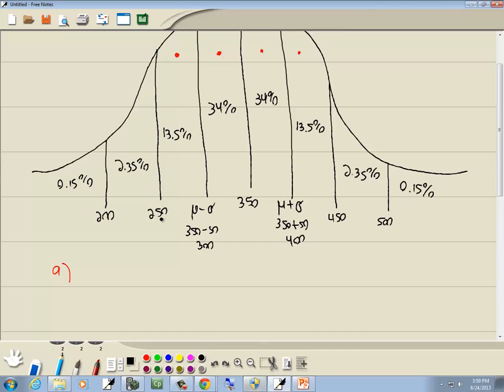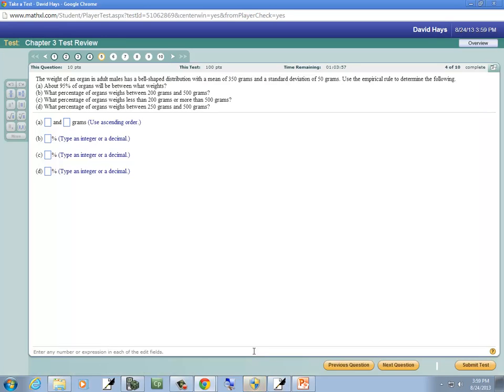So that's going to go from 250 over to 450. So 250 to 450, because they're asking the range. And you see it starts here and then goes over to here. Okay, so 250 to 450.